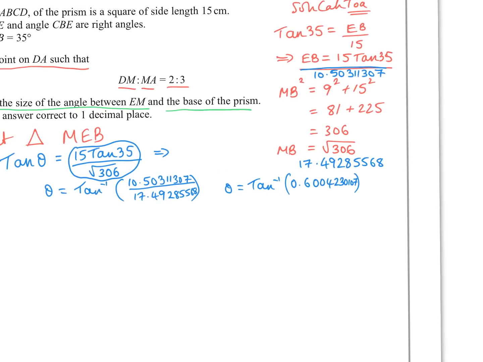So if we do arc tan of that, or inverse tan, and I'm going to use second ANS, which is already stored in my calculator, theta is going to be 30.98157433, and it wants it to one decimal place here. So I'm going to round that here. So to one decimal place, the 8 would change the 9 to a 10. So this would be a 0, and then I'd have to carry the 1. So we're going to get theta as 31.0 degrees to one decimal place.